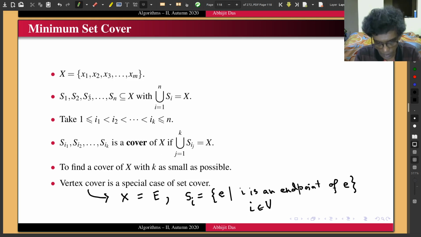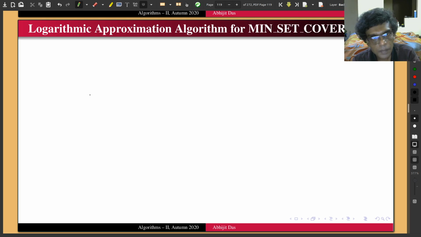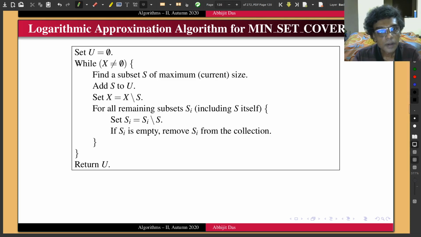And the algorithm that I am going to discuss for minimum set cover is directly derived from the greedy vertex cover algorithm. Let us consider this. The set cover U is initialized to empty.